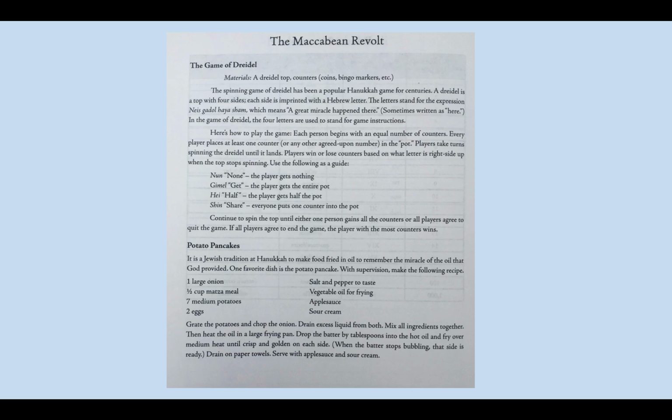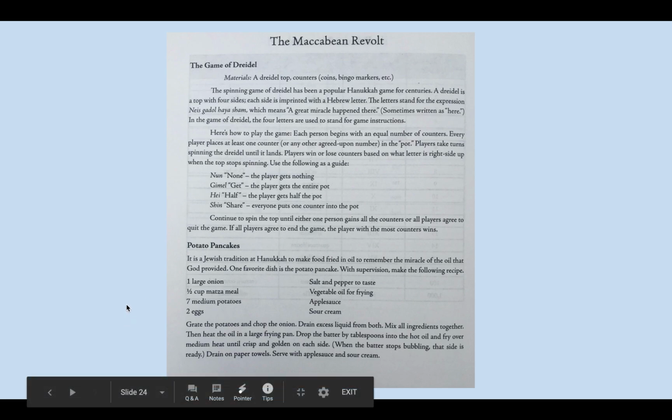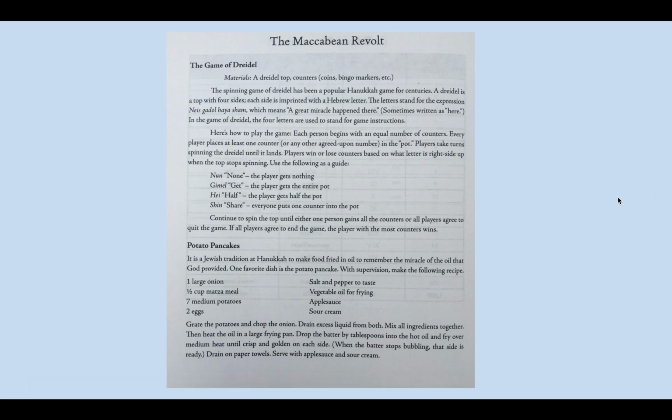A dreidel is a top, it has 4 sides, and in the video I showed you, the children were playing the game of dreidel. Each side has a Hebrew letter that stands for an expression that means a great miracle happened there, or a great miracle happened here, either way. In the game of dreidel, 4 letters also stand for the game instructions. So you can see right here, they're the 4, Nun, Gimel, Hai, and Shin, I guess you pronounce them. So there are directions for how to play dreidel if you'd like to learn it.